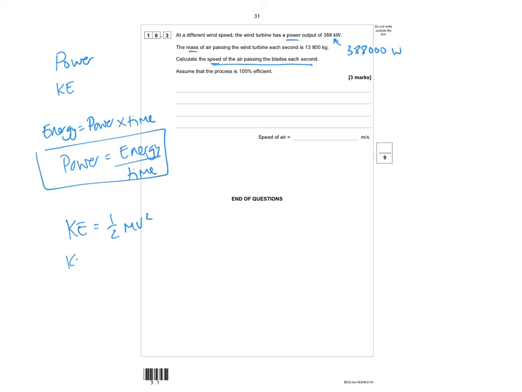So if I now do kinetic energy per second, that's equal to a half times mass times velocity squared per second. So we've got a situation where we can put the two equations equal to each other, because energy over time is the same as kinetic energy over time in seconds.